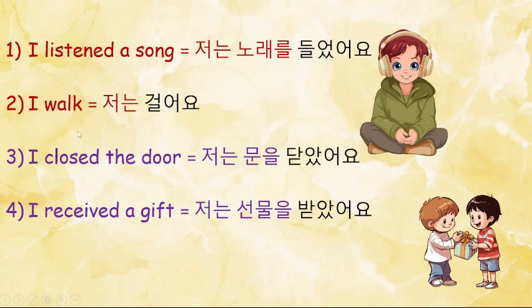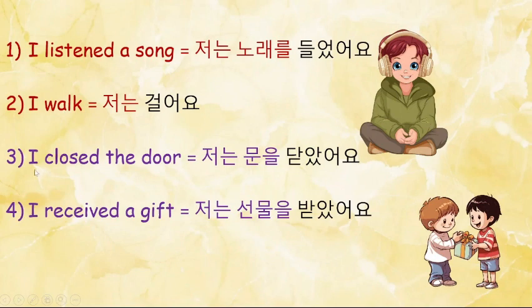Next is a very simple sentence, I walk. So it will be 저는 걸어요. We know that to walk in Korean language is 걷다, follows tigit irregular, so tigit gets replaced with lir, and in the present tense it is 걸어요, right?